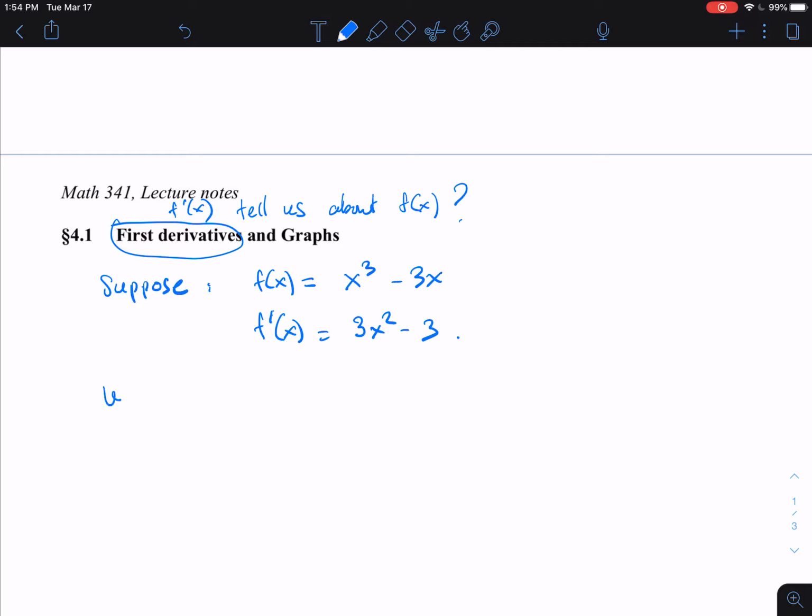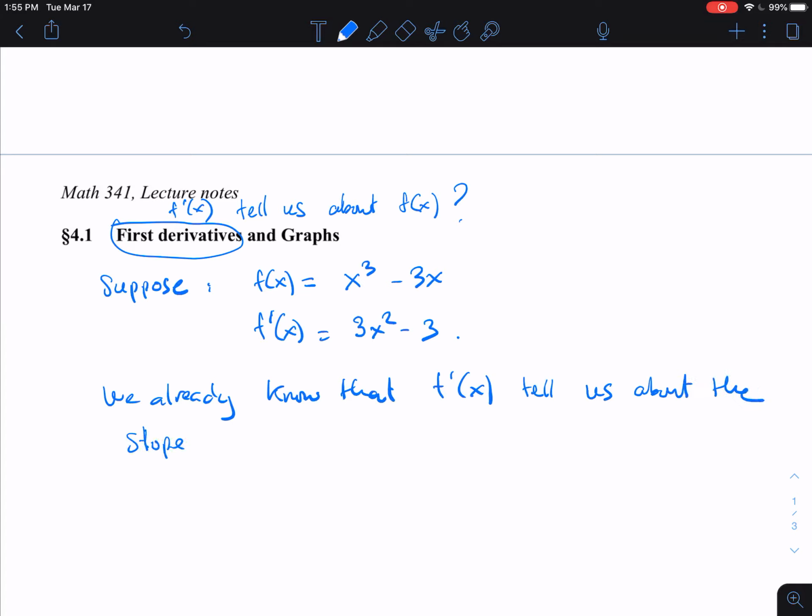Okay, so we already know this, and I'm just going to restate it. We already know that f prime of x tells us about the slope of the tangent line to f of x at a certain point on the graph.